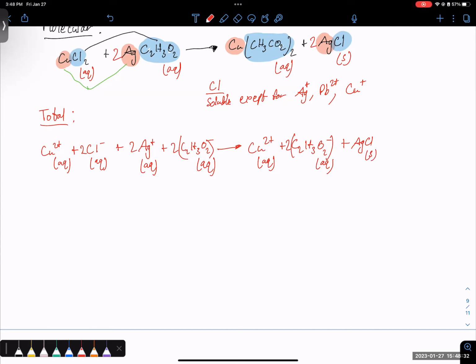It would be 2 AgCl. See, that's why it's important. You always got to think about your coefficients. In fact, sometimes in big bold letters, Dr. Armand is nice to you, and he will write the words unbalanced in this exact font, because he knows there are people like me who don't read coefficients.